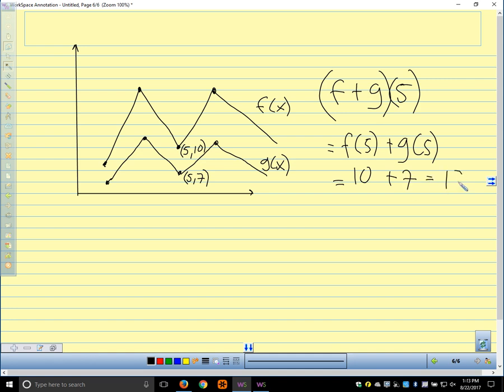So what this problem really was asking us to do is add 10 and 7. So when you see graphs, don't worry, don't be intimidated. Graphs are your friends. All right, we good?